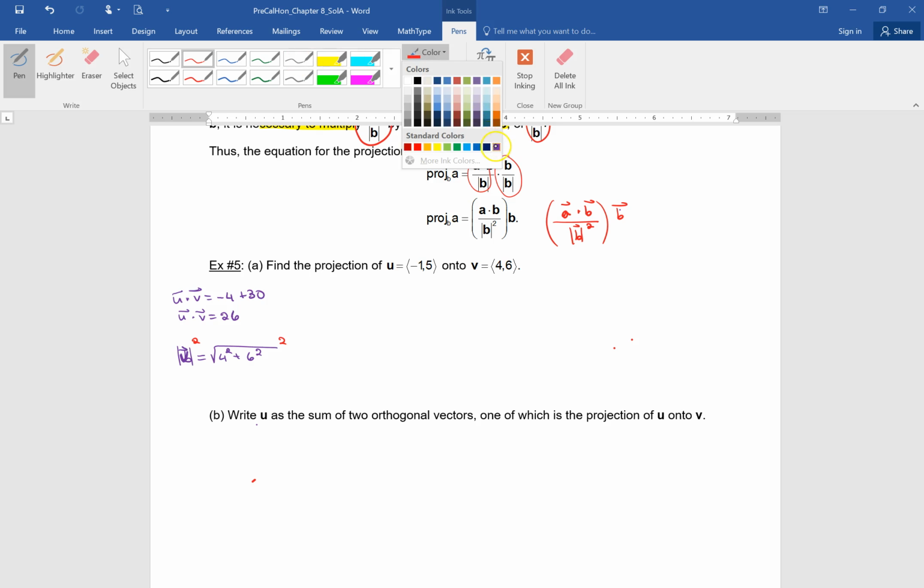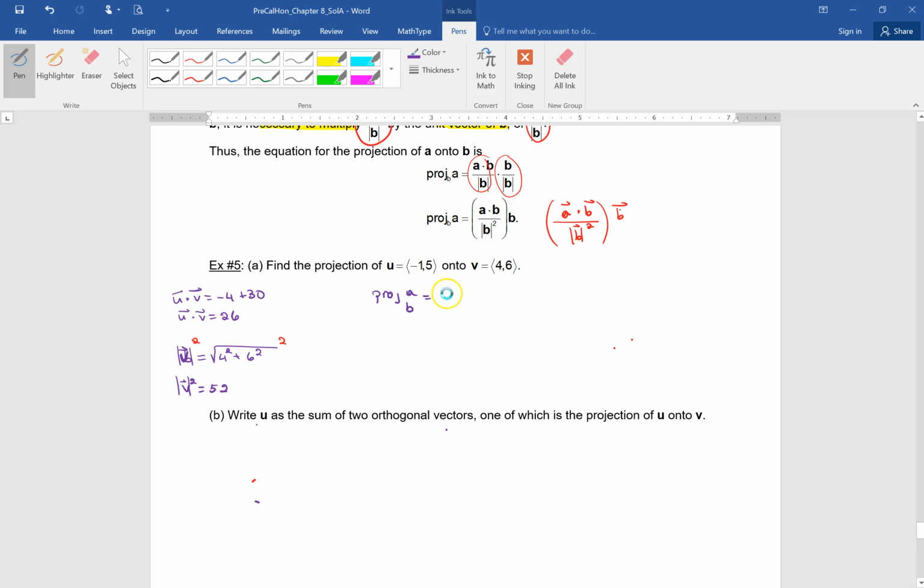So V squared is 16 plus 36, 52. Now we find the projection of U onto V. That's U dot V, 26, over the magnitude squared, 52, times vector V, 4, 6.